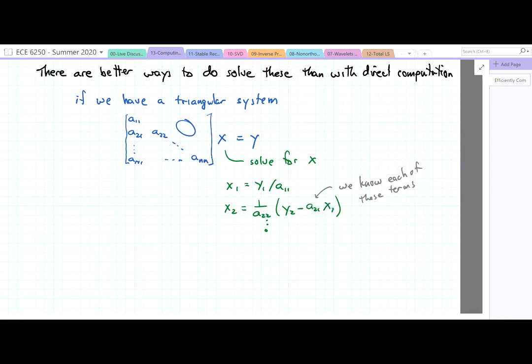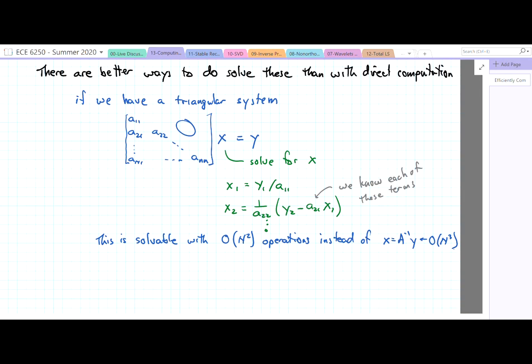So this is solvable with order n squared operations instead of x equals A inverse y, which is order n cubed. Okay, so that's a pretty big savings.